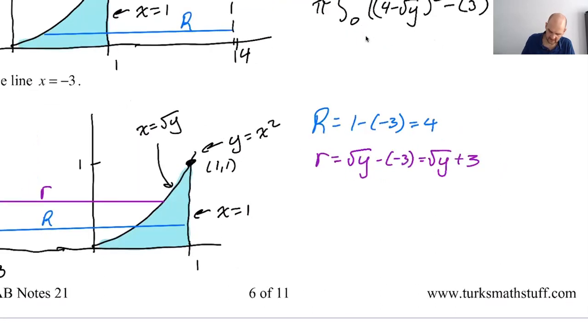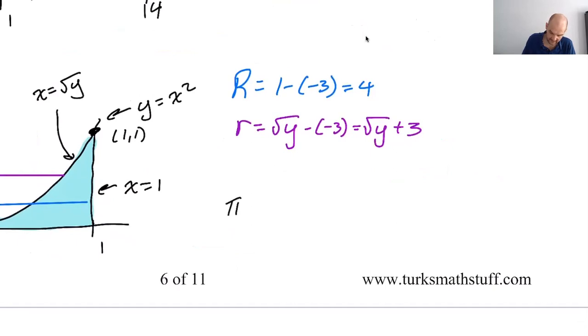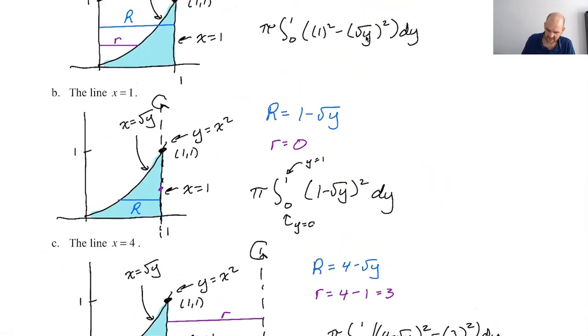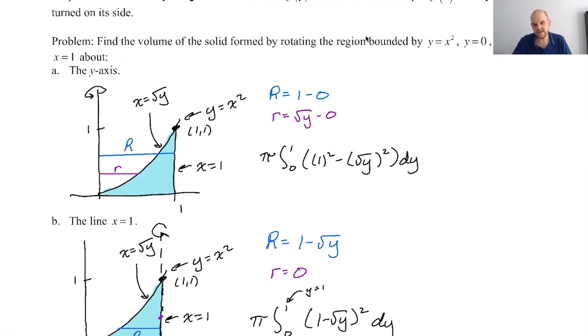And we can set it up. If you can, and you can, these are a gift. Big R squared minus little r squared dy.